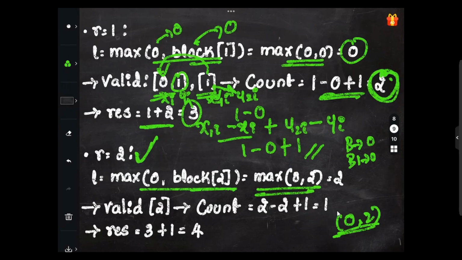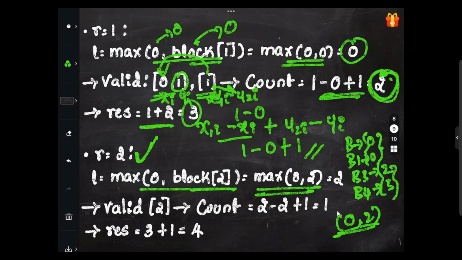Initially, block 0, 1, 2, 3 all were 0, right? So block 3 will be 2, the maximum we got. We have already calculated block 4, which has the value 3. These two are the maximum. This remains 0 itself for now.